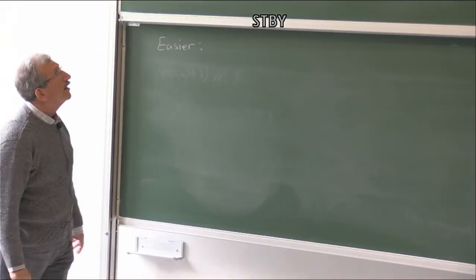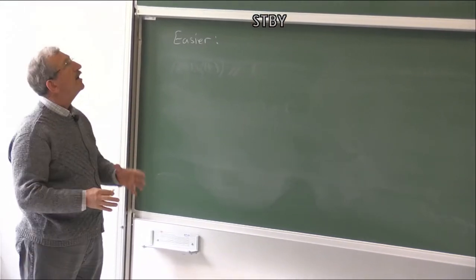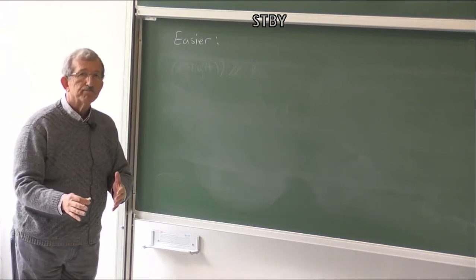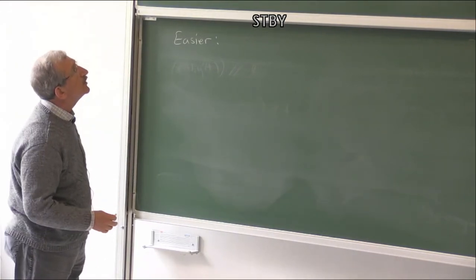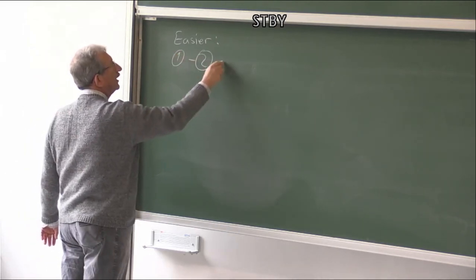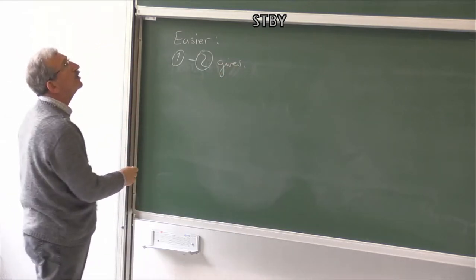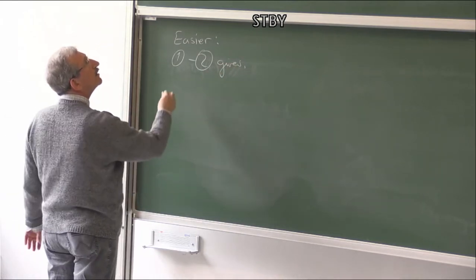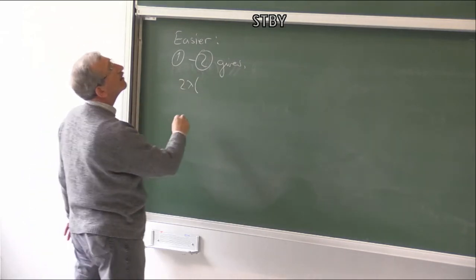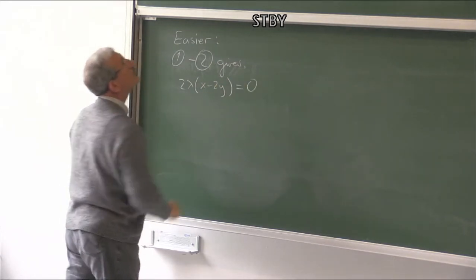As we already observed, subtract or do something and obtain products equal to 0. From here, for instance, we easily see that 1 minus 2 gives, the 1's cancel out, so we have 2 lambda times (x minus 2y) is 0.